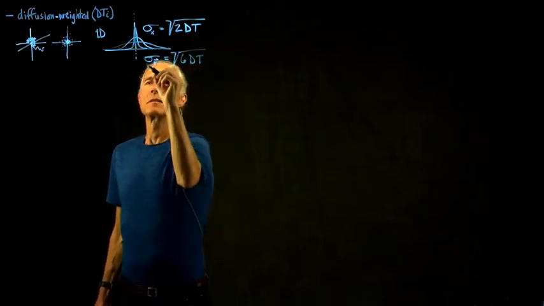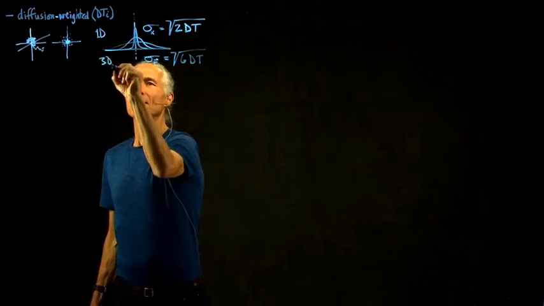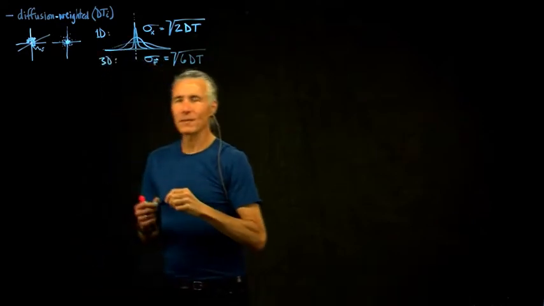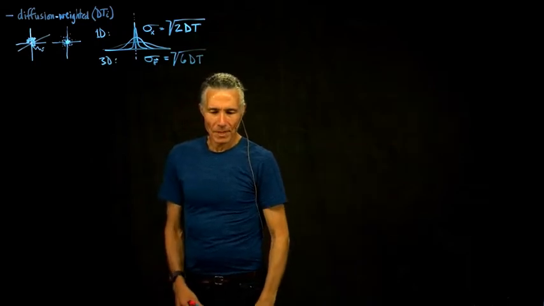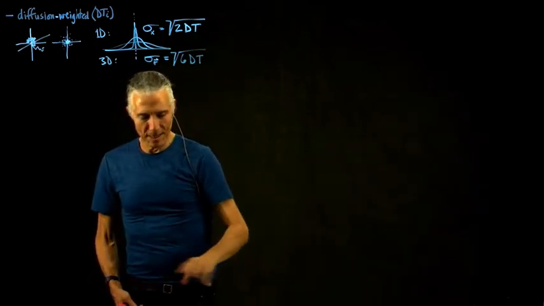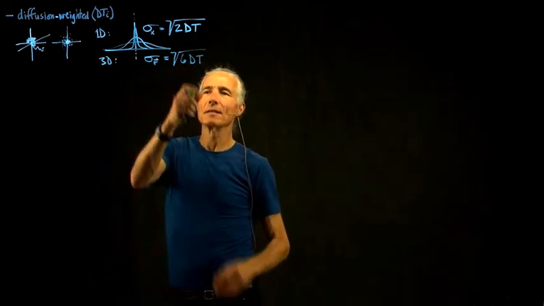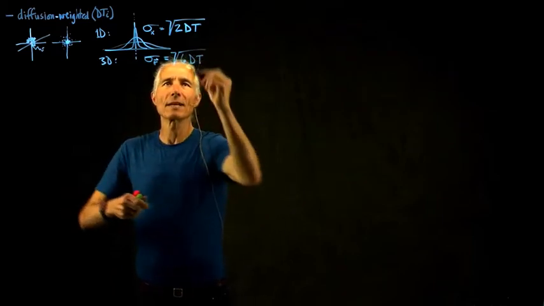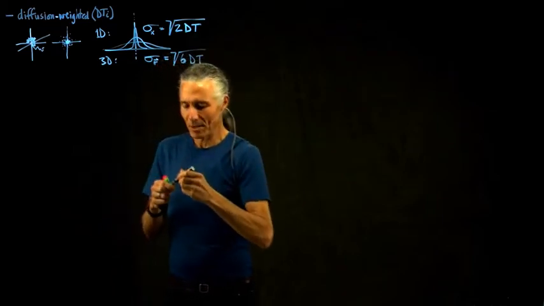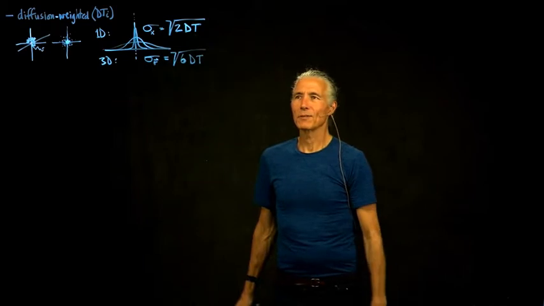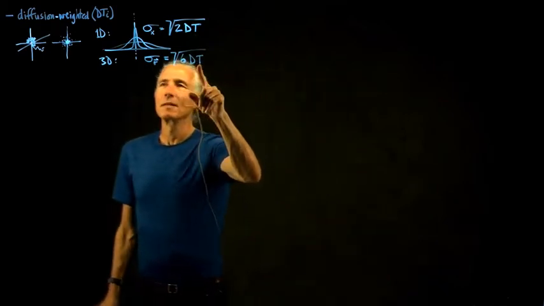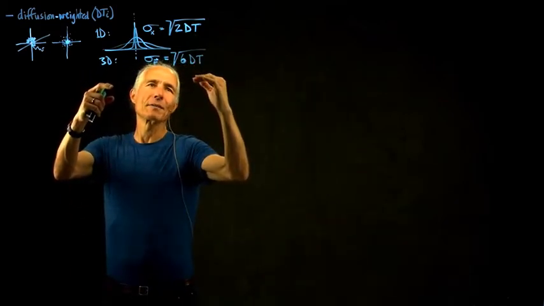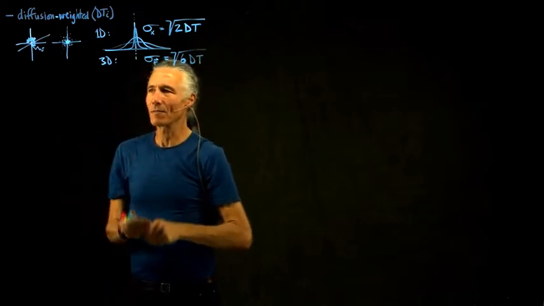So this is 3D. So in real life, it is 3D. So this was worked out in the 19th century. I'm not deriving any of the equations, but you can just look at the final result, and it sort of makes sense. If the time is longer, it's going to be wider. If the diffusion constant is larger, it's going to be wider.